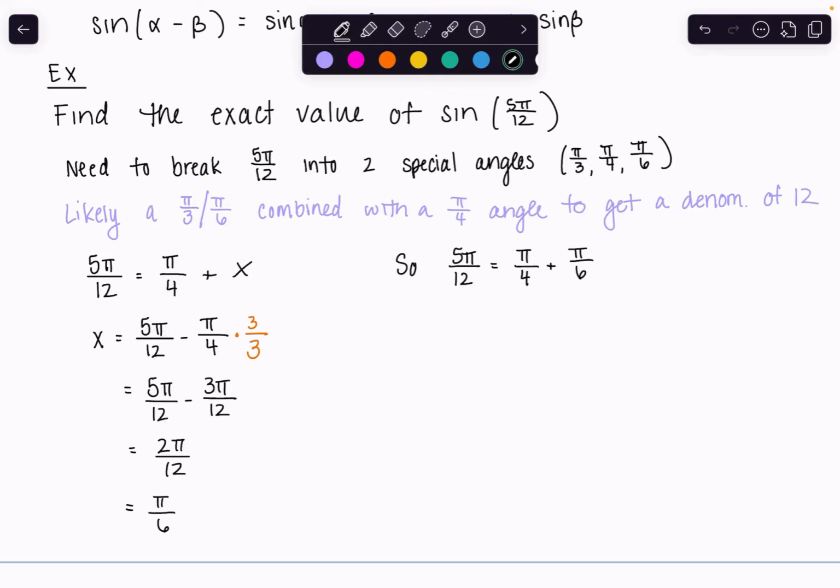So to show you, if I wanted 5 pi over 12 to be pi over 3 plus something, I would then just solve for x, and I'd get a different special angle that I have to evaluate. So same thing again, subtracting pi over 3. X would be 5 pi over 12 minus pi over 3.